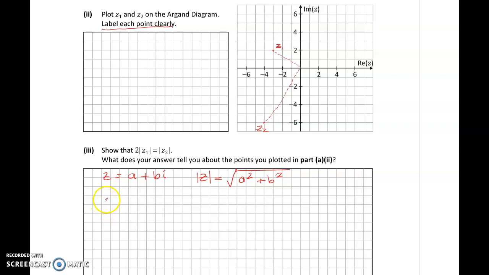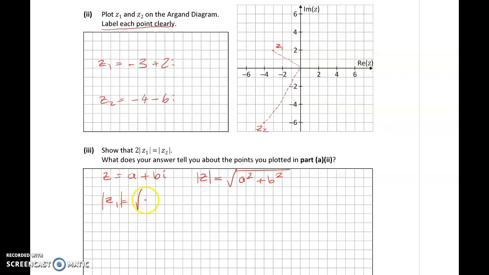So, Z1, the modulus of that is going to be the square root of, now we have to remind ourselves what Z1 is. So let's just write this out here again. Z1 was -3 plus 2i, and Z2 was -4 minus 6i.